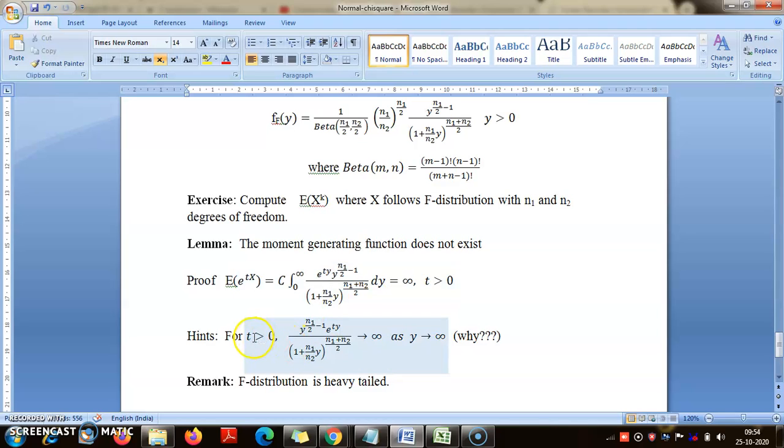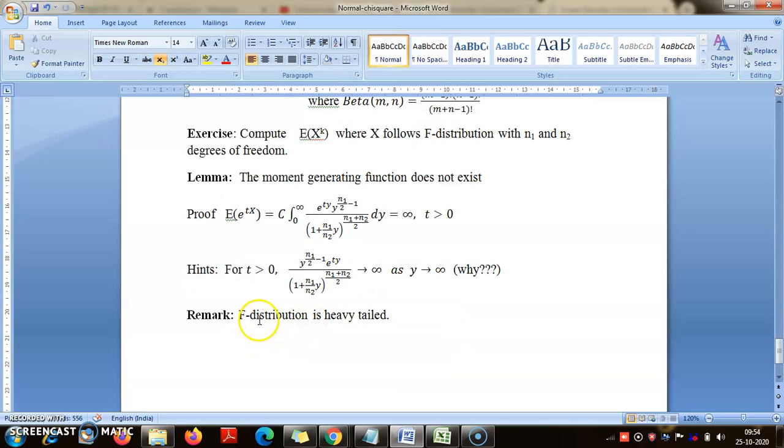And the fact that for any positive t, e to the power ty is exploding, you can verify, so this ratio will actually diverge as y tends to infinity. Therefore this improper integral cannot be finite for any positive values of t. So the moment generating function is not finite.